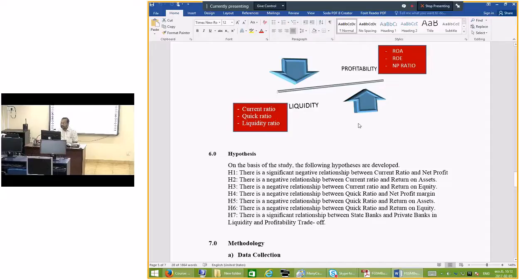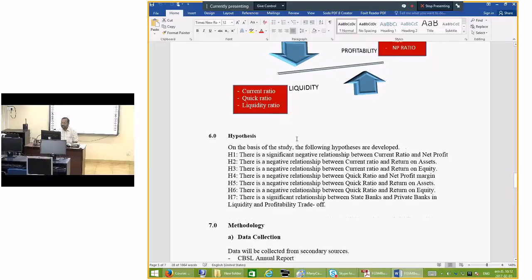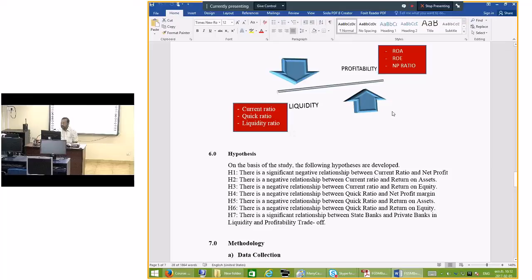Current ratio and return on equity. Current ratio and net profit. Okay, that part is correct. And quick ratio and net profit margin, quick ratio and ROA, quick ratio and ROE, and finally liquidity ratio and ROA. There is no hypothesis like that.